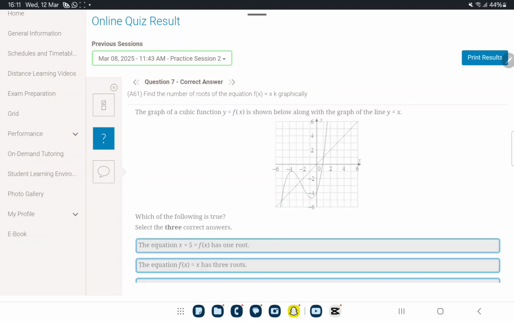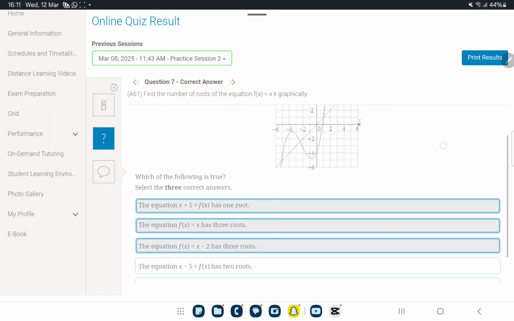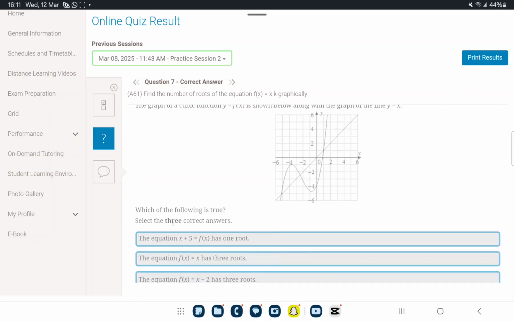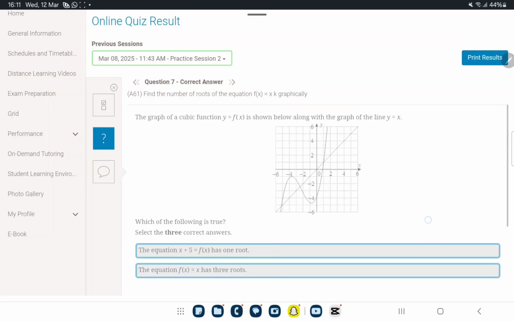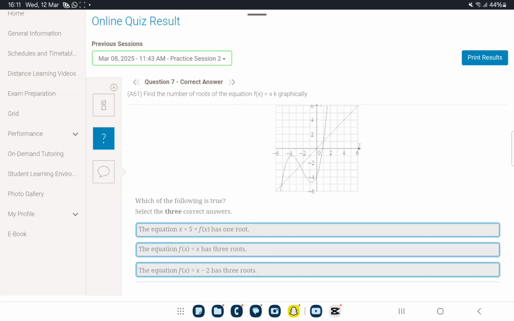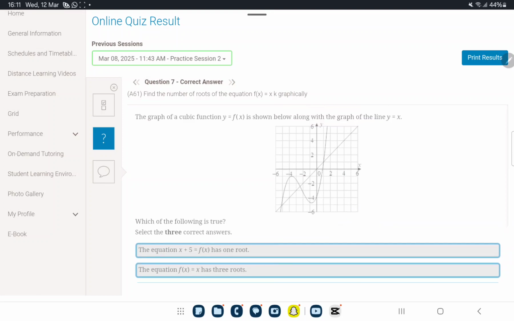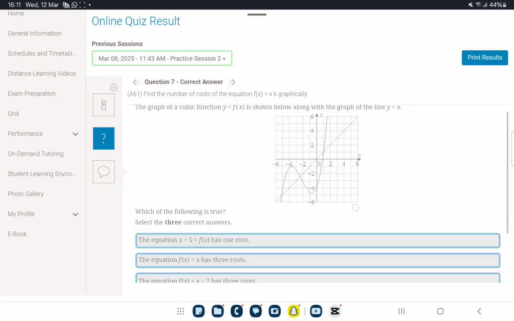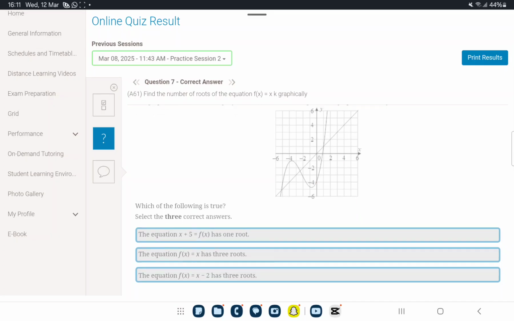So this question is really annoying. They gave us this function and they're asking questions about it. It's select 3 correct options, just get the 3 and you're done. The equation, this line is y equals x, and then they gave us the other equation, the curved one.